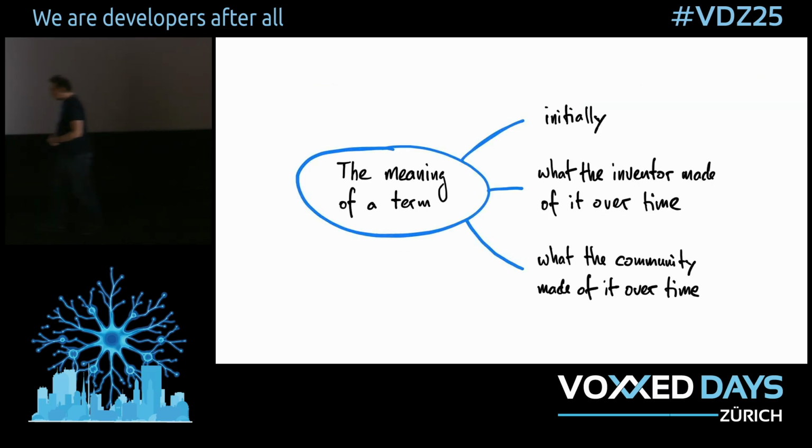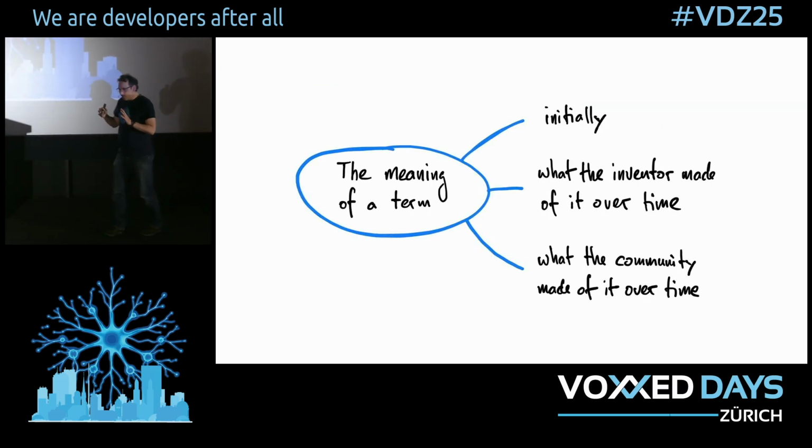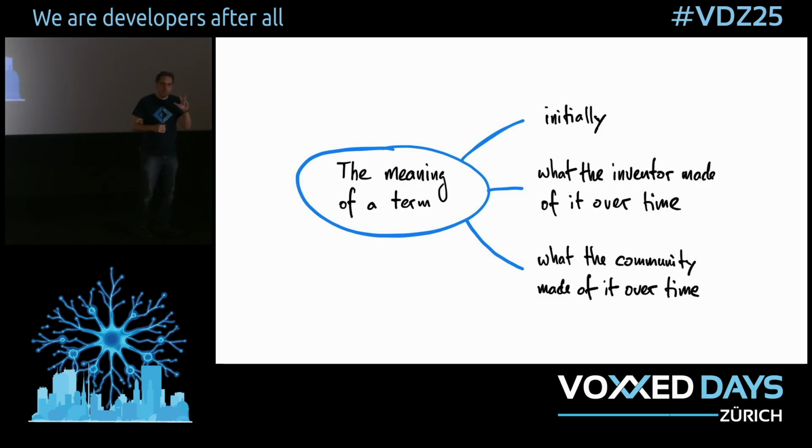First I have to do a little bit of a disclaimer, because I'm going to use a lot of different terms, and every term has at least three meanings. The initial meaning by the inventor, like in the initial blog post or in the initial book he or she wrote about the topic.